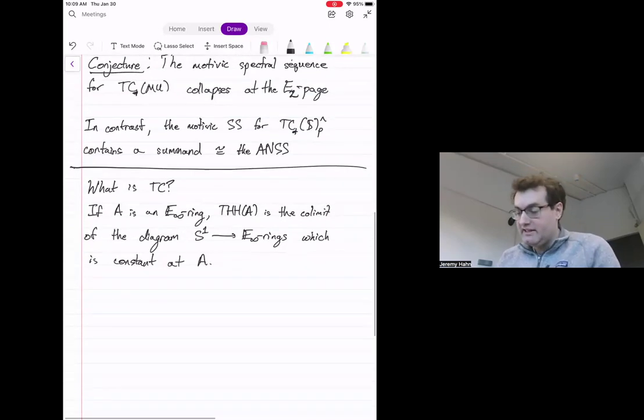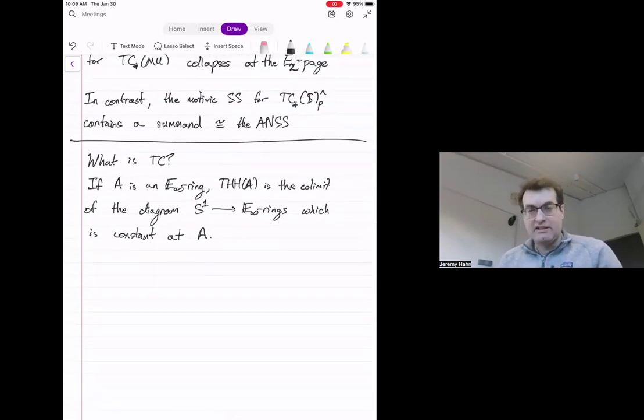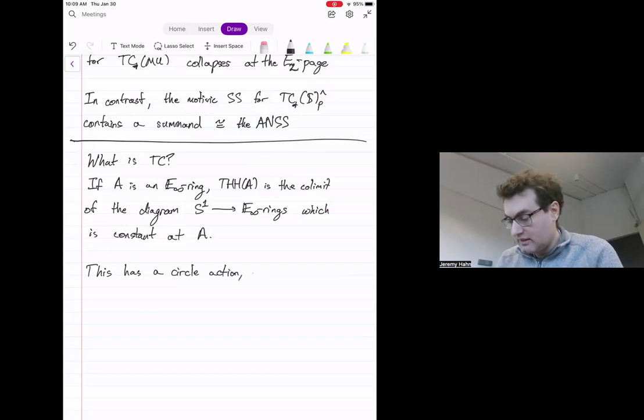And so because one takes the colimit of this constant diagram, there's an action of the circle, which allows us to form invariants.